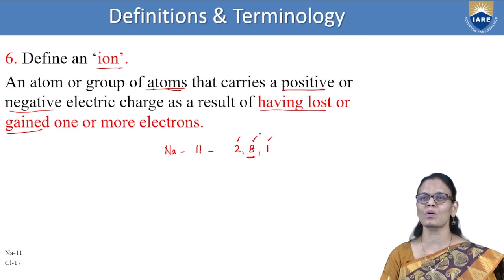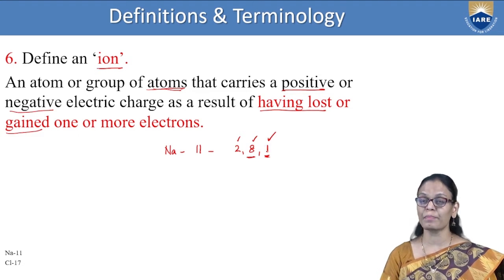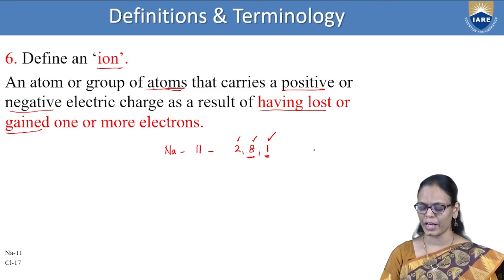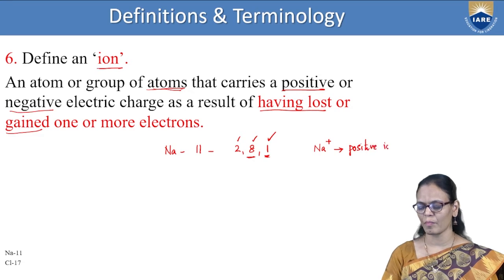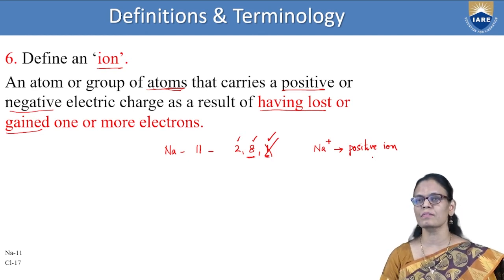We call this closed shell configuration. So now this element is always ready to lose this one electron somehow. And if it is able to lose the electron, it becomes positively charged. So we call this a positive ion.